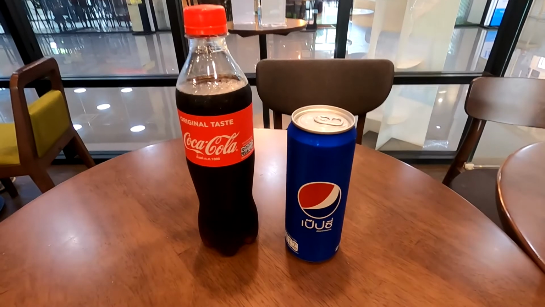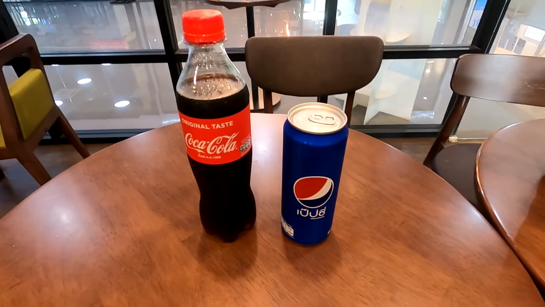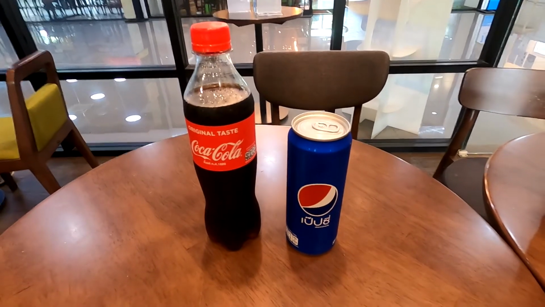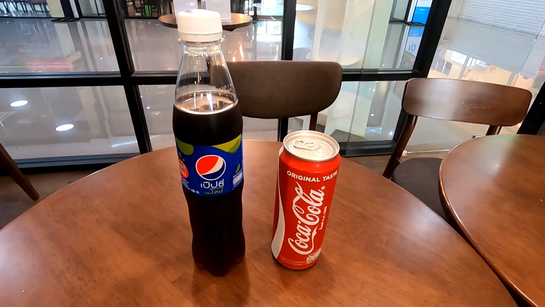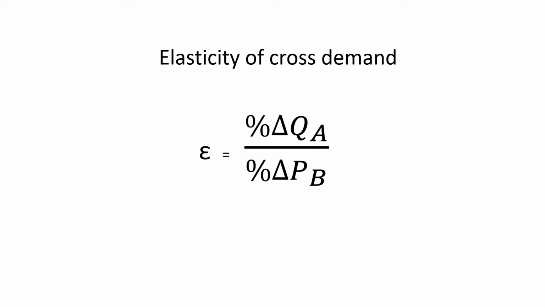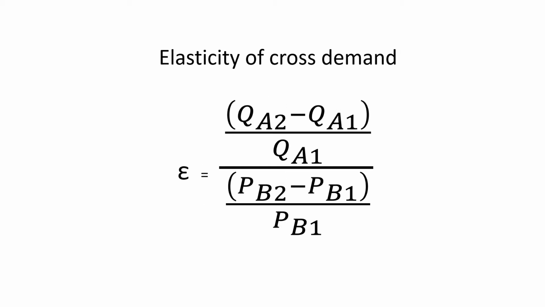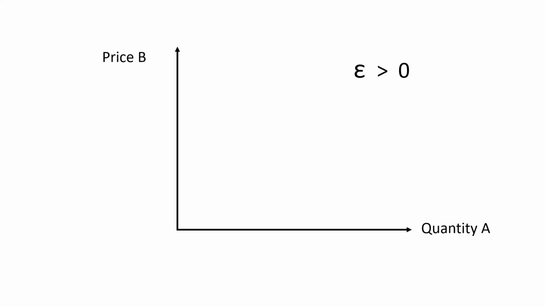Economists have their own ways to determine the relationship between 2 products and decide whether they are competing or not. It is called elasticity of cross demand. The elasticity will show the relationship between the quantity of a product and the price change of the other product. It is in pairs between 2 products.